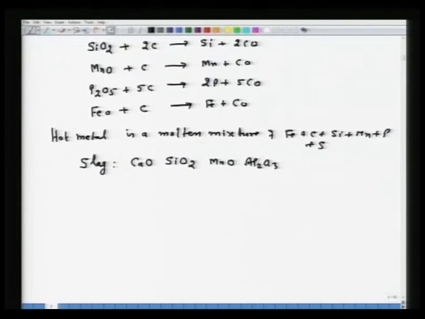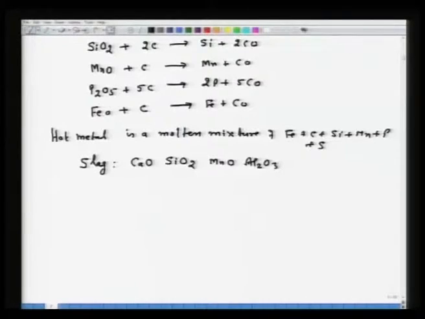That means all other impurities of iron ore get eliminated near the Bosh region, and all are in the fluid state, and both hot metal and slag trickle down into the hearth region and because of the density difference, the hot metal and slag are separated. So, that is how in short the iron making in blast furnace is there.